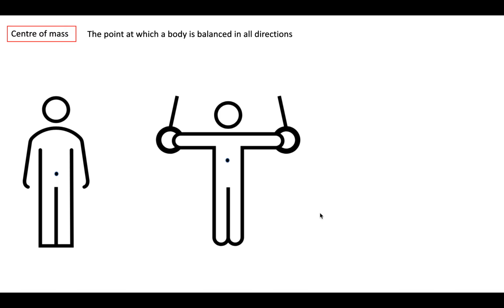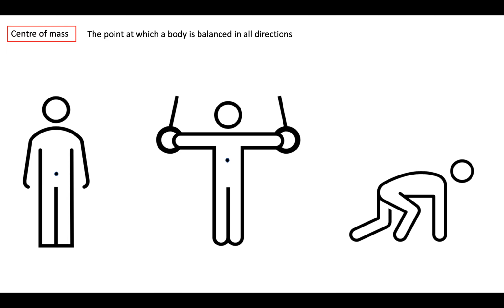Now if we bend our knees, the centre of mass will be lower. A sporting example I'm going to give you here is a sprinter, and the centre of mass will be lower. So we have normal anatomical position, the centre of mass will be approximately in the navel area. If an athlete raises their arms up, the centre of mass will go up. If the body goes down, the centre of mass will go down.